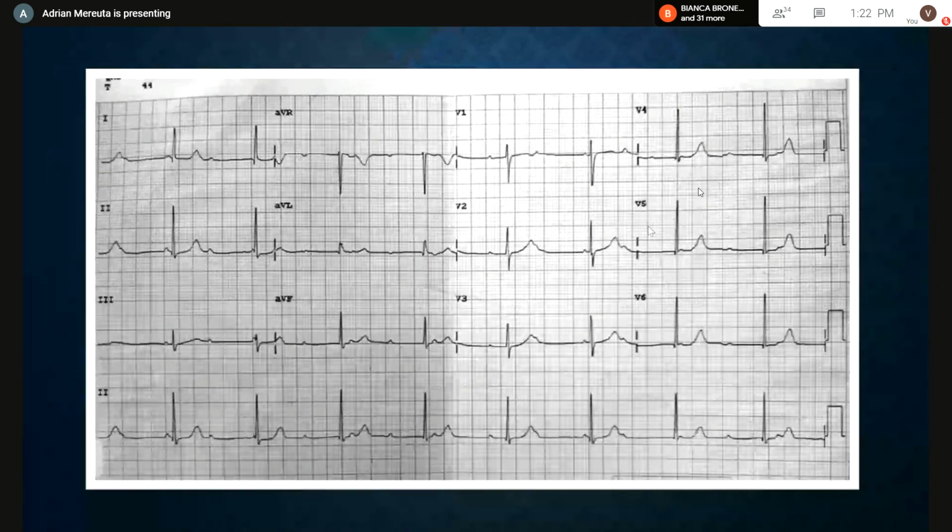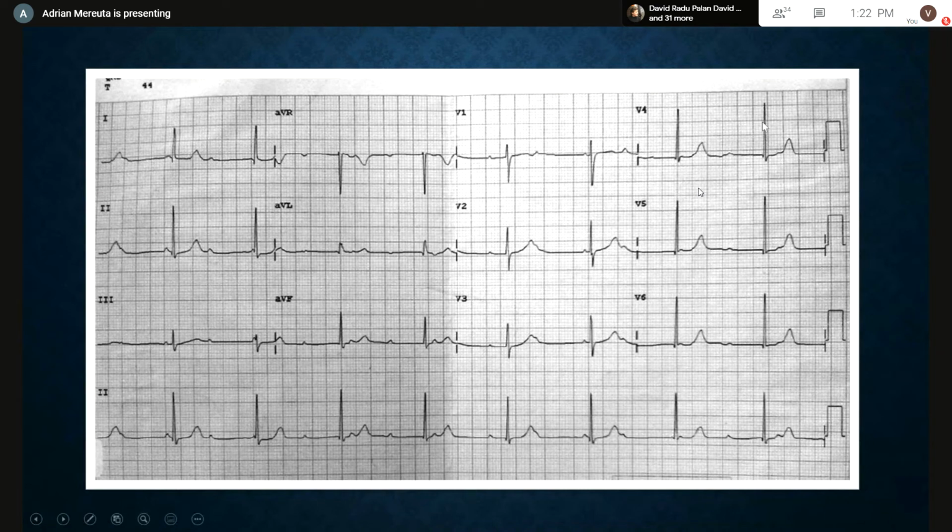Sometimes there is a complete heart block, and you can see it is because it's bradycardic. It's 52, let's say, beats per minute, and there is no relationship between P waves and QRS complexes.